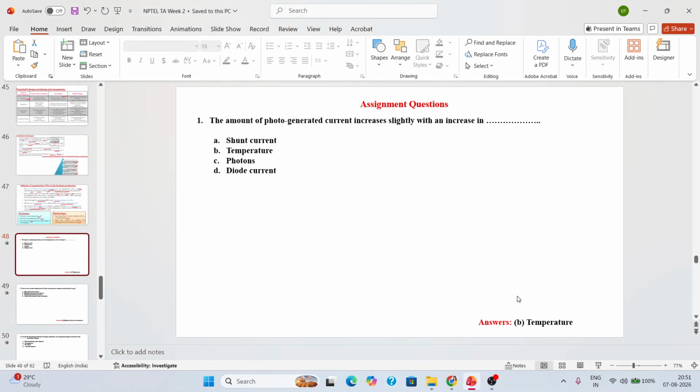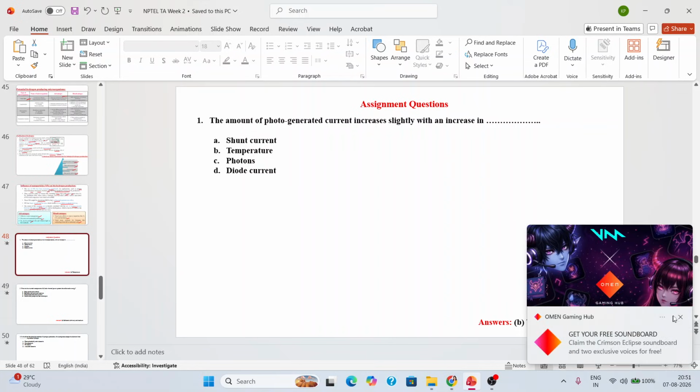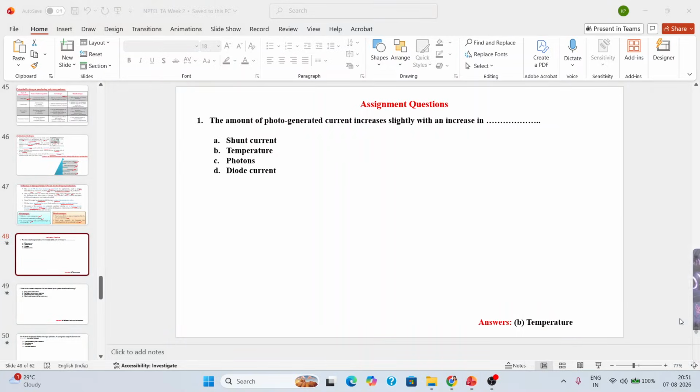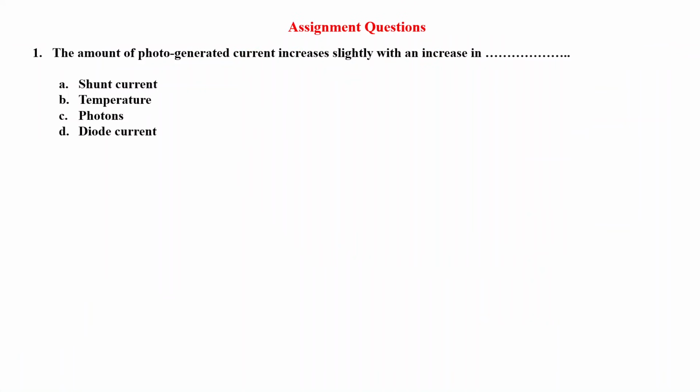So the first question is, the amount of photo generated current increases slightly with an increase in... anyone?